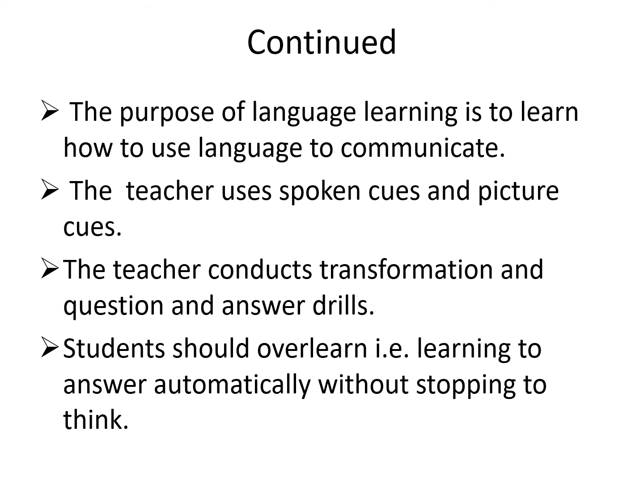The teacher uses spoken cues and picture cues, and conducts transformation and question-and-answer drillings. Students should overlearn, learning to answer automatically without stopping to think. It relates to fluency and accuracy in spoken form, in the speaking skill.